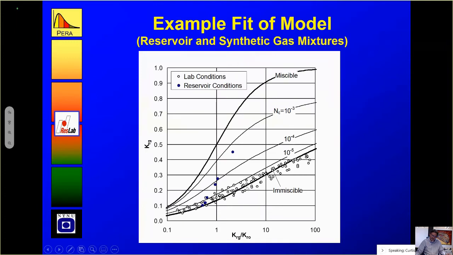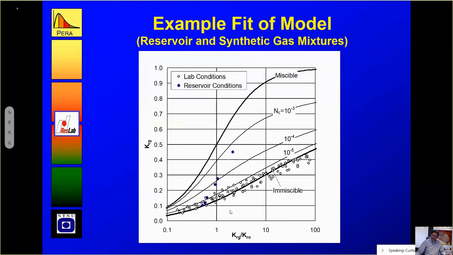This is actually for that Bala field I was talking about. This was data that was measured. I think Marathon did the measurements at reservoir conditions, and then here you're seeing the capillary number effect for these. These were mainly low IFT and somewhat higher velocities. I think that Marathon did that work.